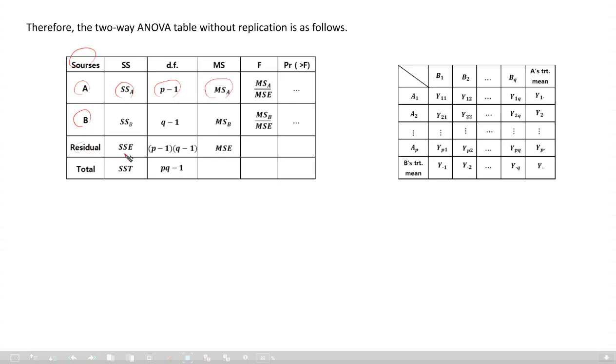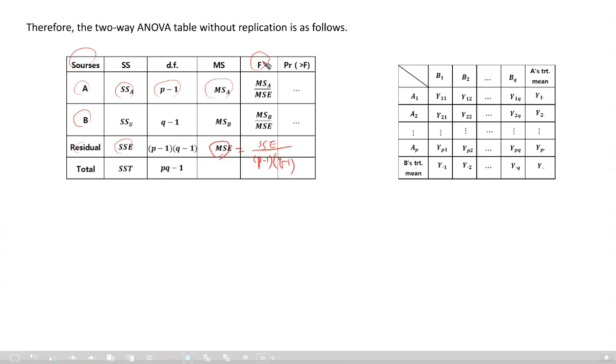And residual SSE, degrees of freedom P minus 1 times Q minus 1, SSE divided by its degrees of freedom is MSE, okay? The total, you don't have to worry about the total here.